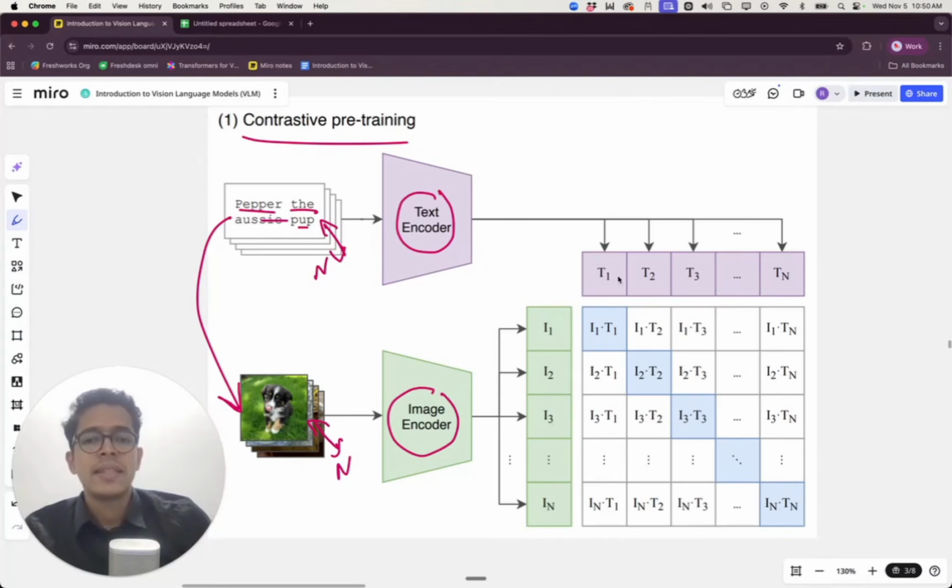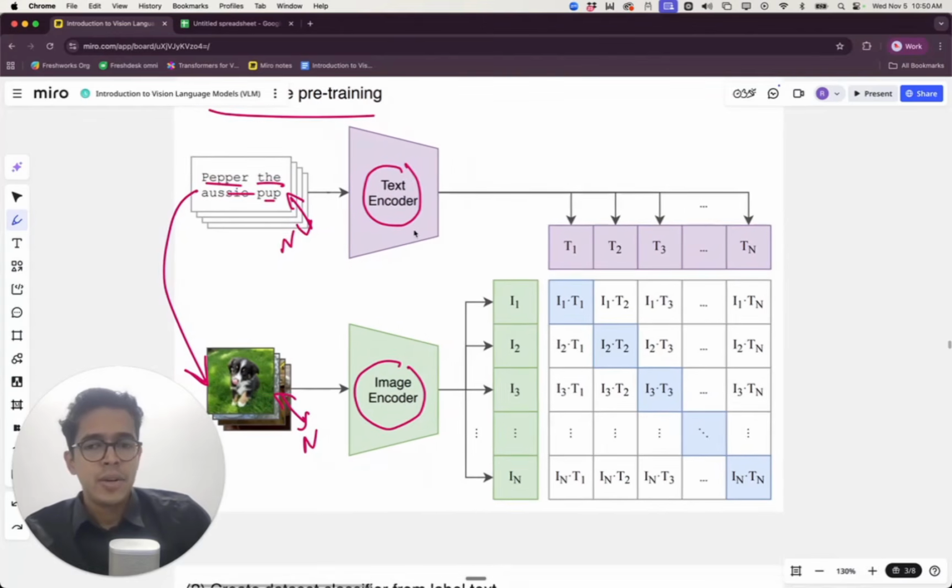Let's call these text vectors T1, T2, T3, etc. up to Tn. So you have n text captions and n embeddings constructed through the text encoder. Now this whole thing is not the vector, okay? Please don't get confused. This whole thing is just a representation of the fact that there are n different text items here. Now what are we trying to do?